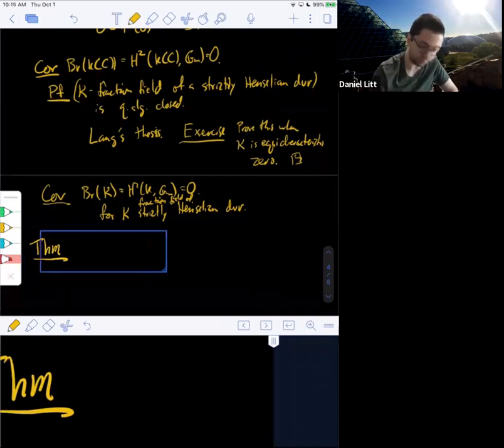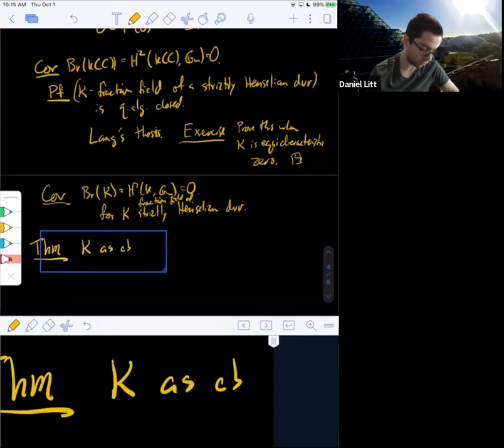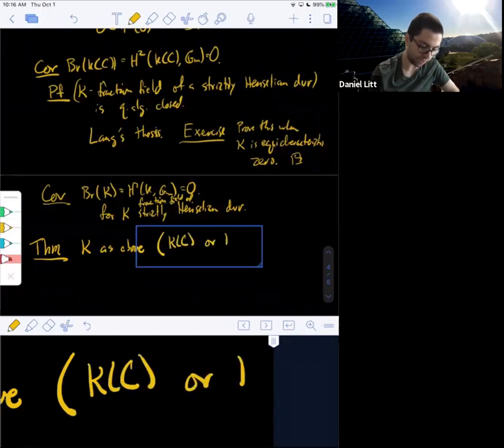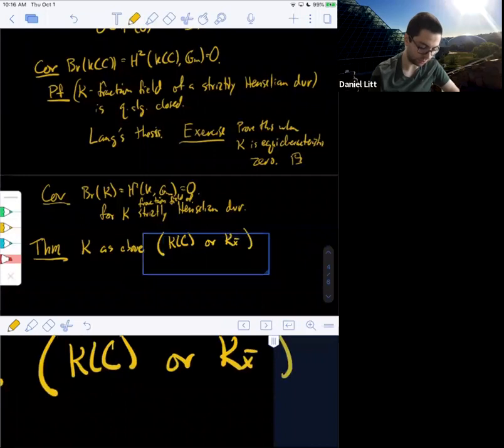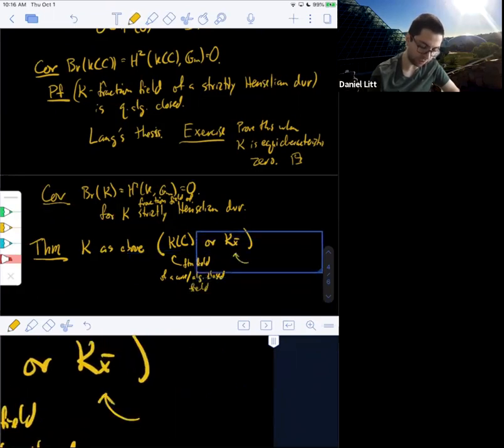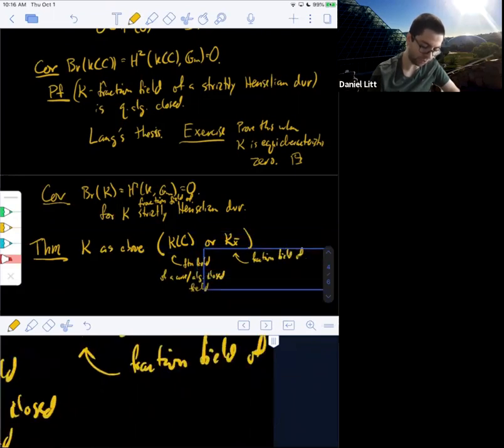So the theorem is, let K be as above. By as above, I mean K of C or K of x bar, where this is the function field of a curve over an algebraically closed field, or this is the fraction field of a strictly Henselian DVR.